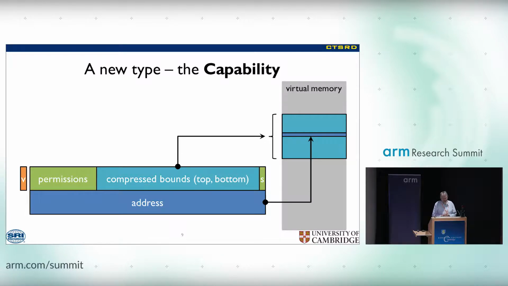We have looked at a large corpus of C code and discovered that C programmers do all sorts of horrible things, and they do all sorts of horrible pointer calculations, and in practice, even though the C standard says that you should not do it, because you can get away with it on current machines, they do. So we've had to deal with this address going outside bounds to some extent during address calculations, but as soon as you dereference that address, so you do a load or a store, the bounds are checked.